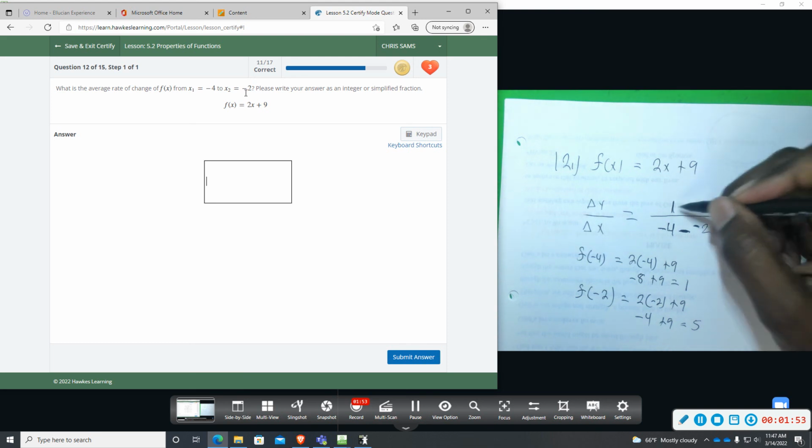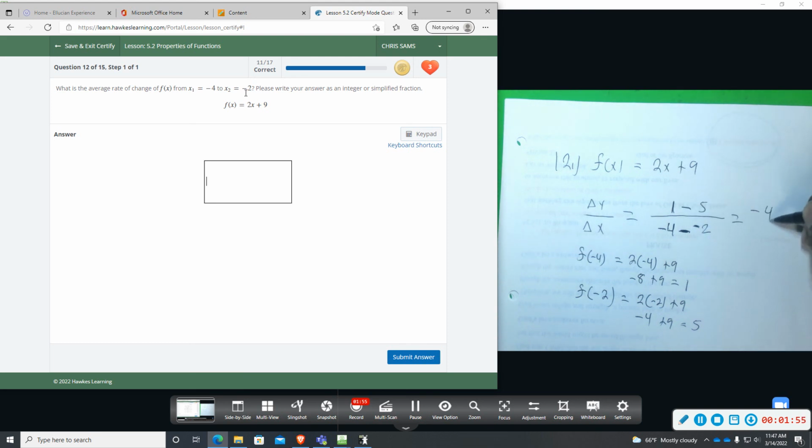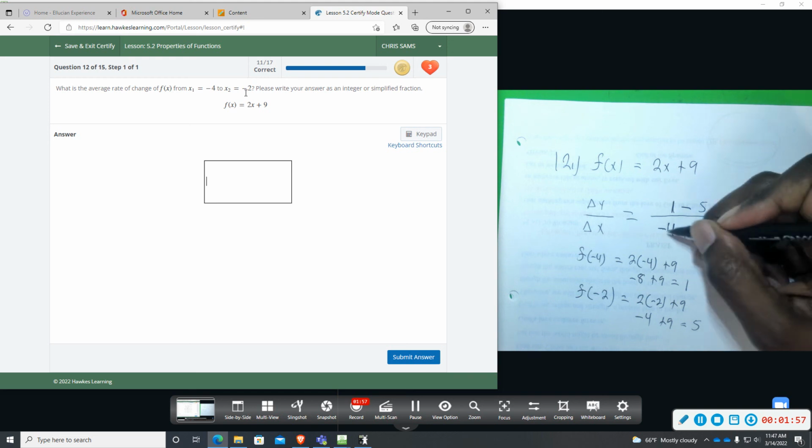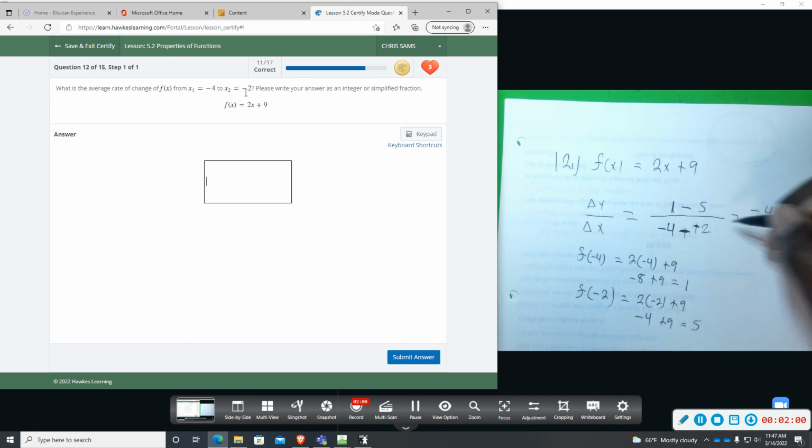All right, so you just got to solve them here. -4 minus 5 is -4, -4 plus 2 is -2, negative divided by negative is a positive, and that will give us a +2. So our rate of change for this problem is just 2.